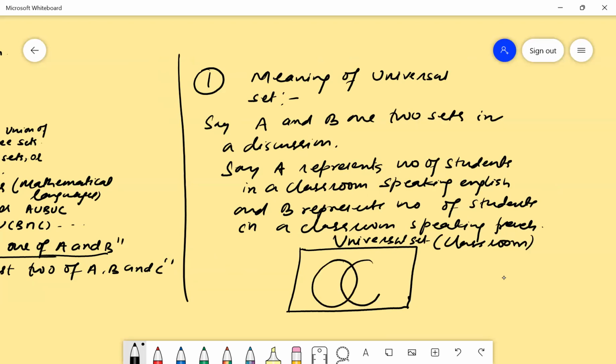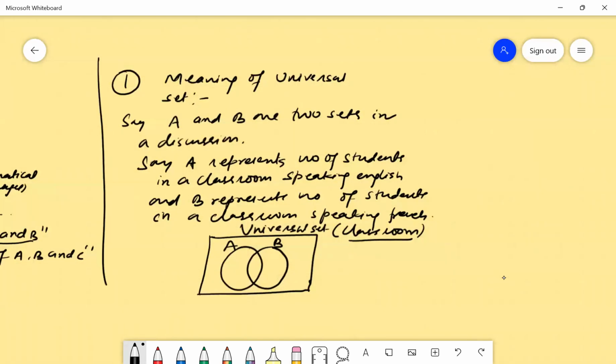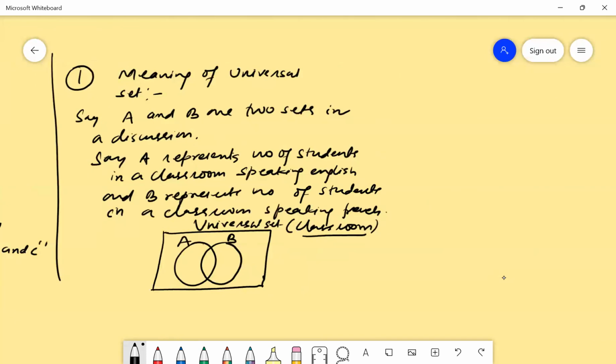And maybe another circle C, D, E, maybe somebody speaks Spanish, somebody speaks some other language, and those A, B, C, D circles all will come under this classroom, this universal set. So the universal set is the biggest set in the discussion, and all things related to that particular situation come under that universal set.